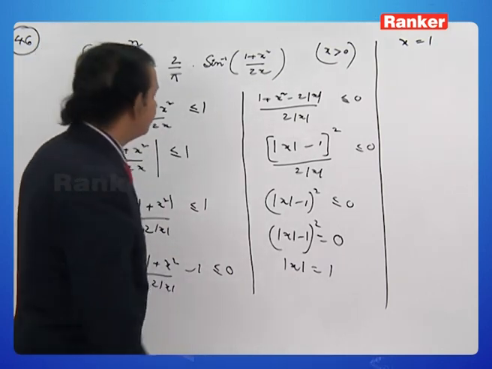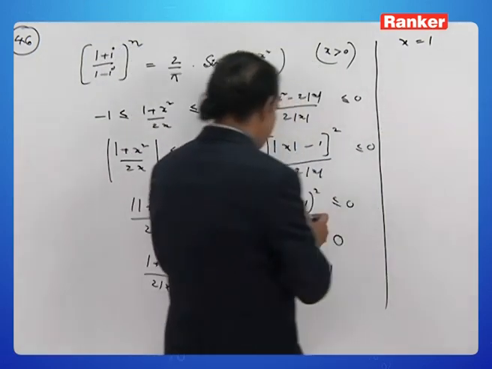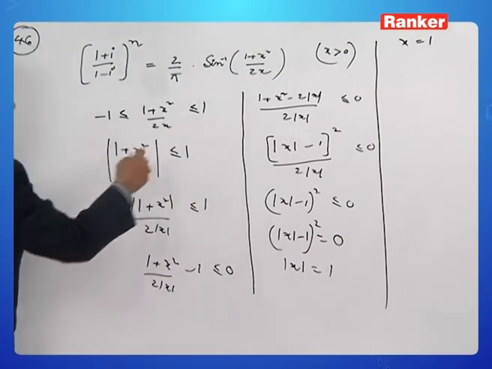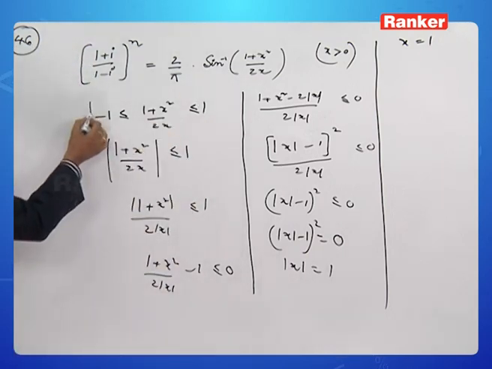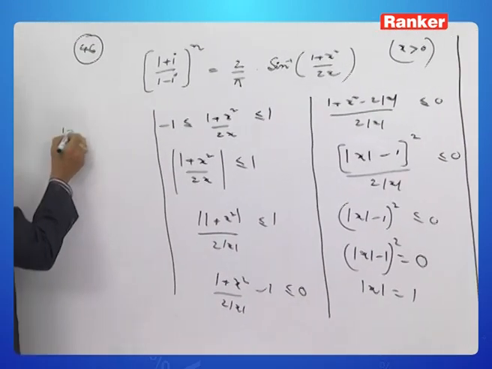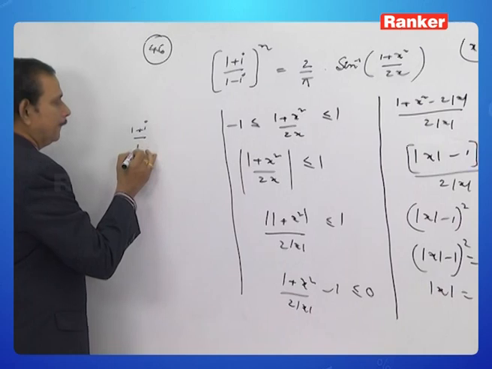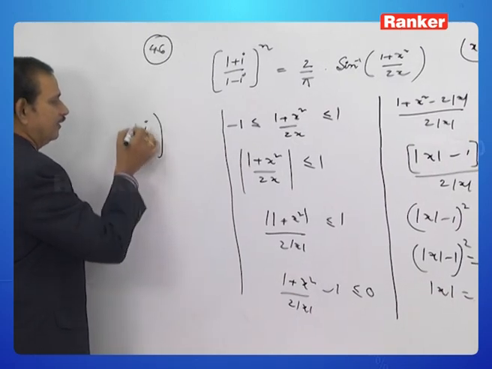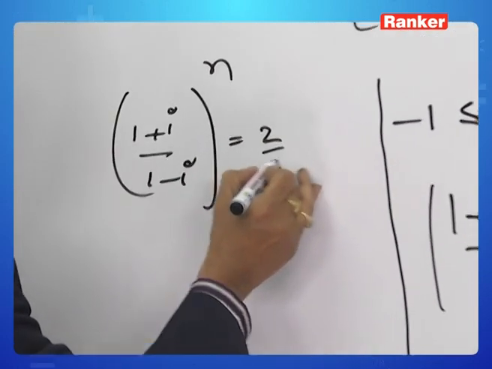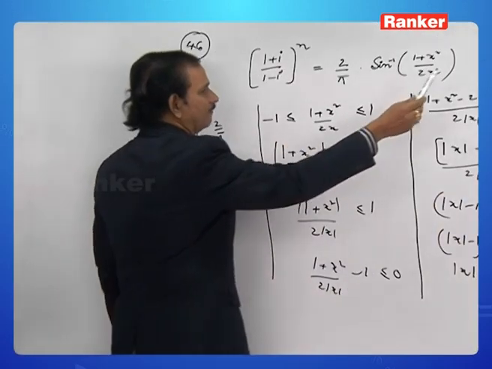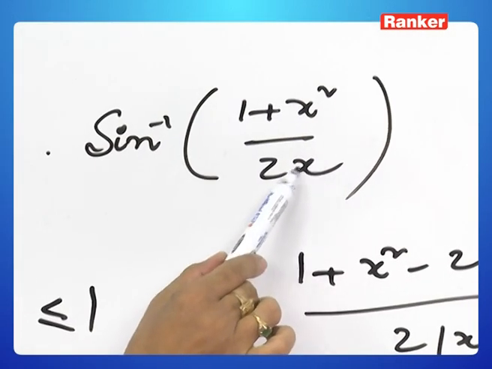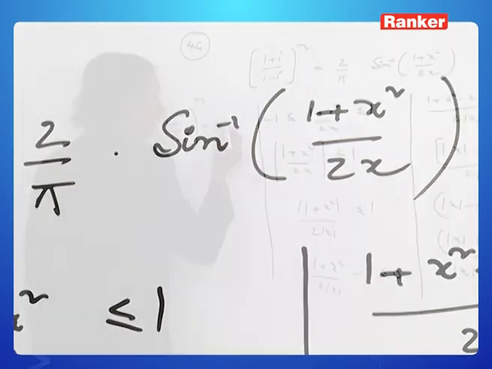What are you going to have? Let us observe that thing here. 1 plus i by 1 minus i whole to the power of n is equal to 2 by pi into, I am getting x as 1. 1 square is 1. 1 plus 1, 2. 2 by 2 ones are 2. 2 by 2 is 1.